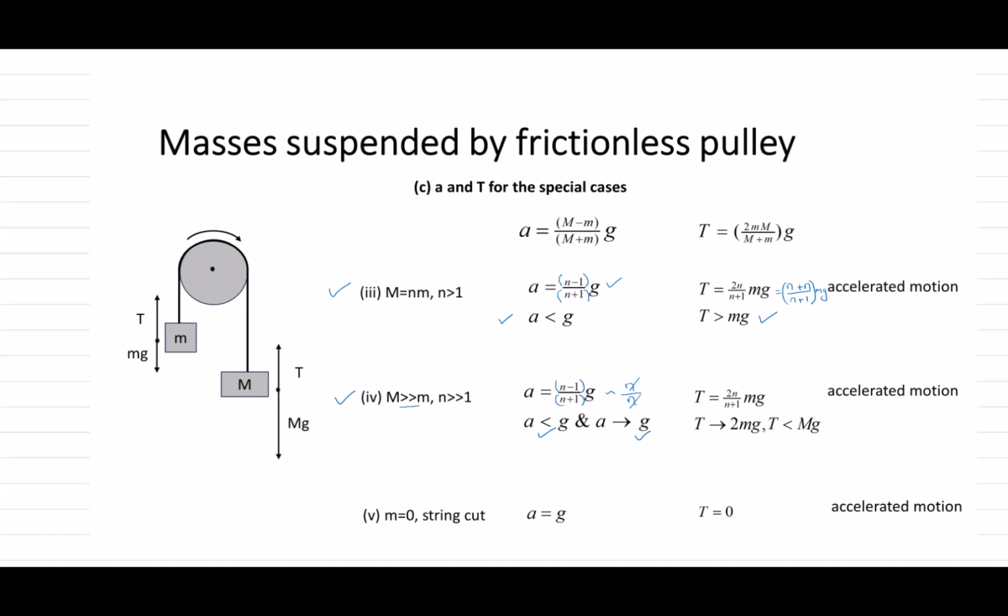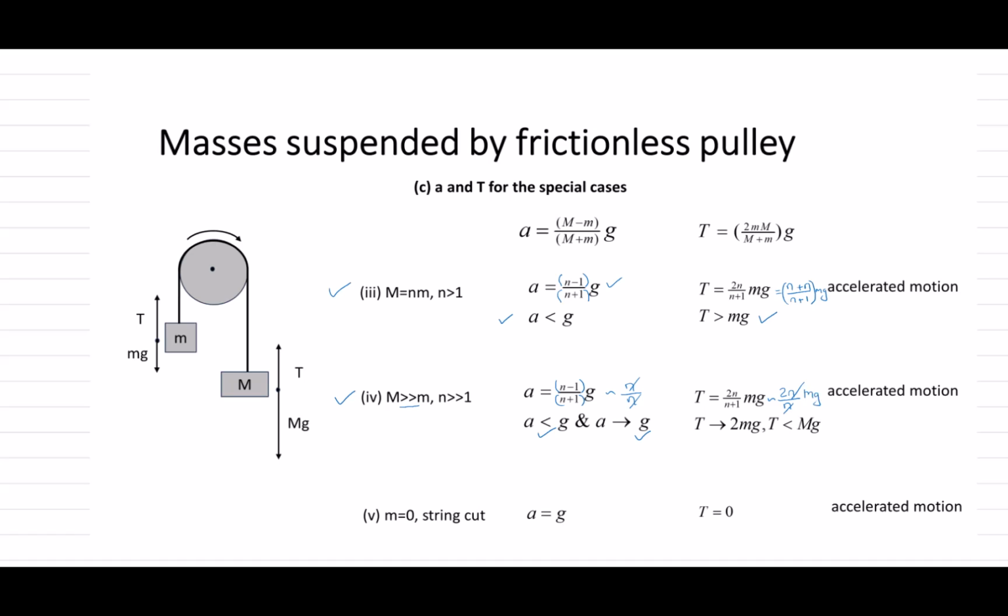Now let's apply the same logic over here. So for tension, the numerator 2n, when n is a very high number, can be written as 2n, but the denominator n plus 1 will be roughly n. So in that case, this will cancel, and therefore the tension value will be twice mg.